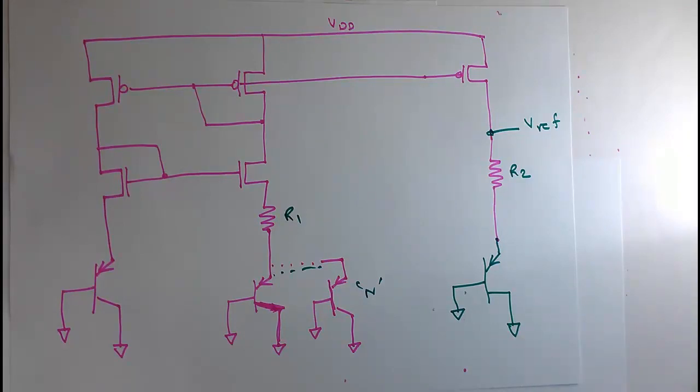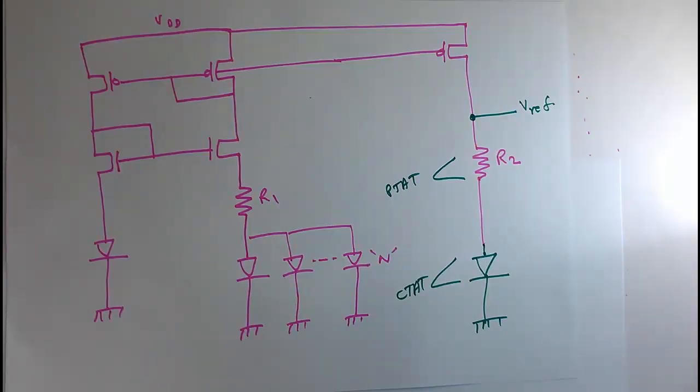Now we will discuss how we will adjust alpha 1 and alpha 2 to cancel the CTAT and PTAT correctly, so that when we add alpha 1 PTAT plus alpha 2 CTAT, we will get a constant voltage, a reference voltage.